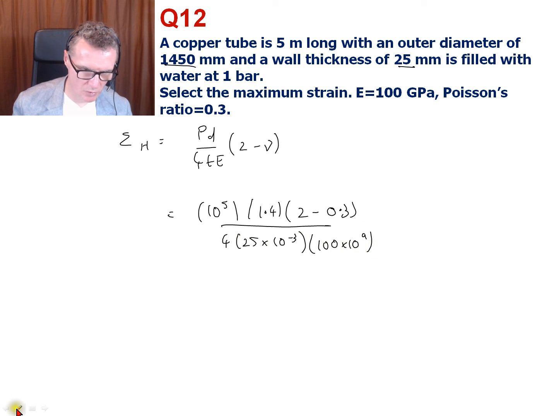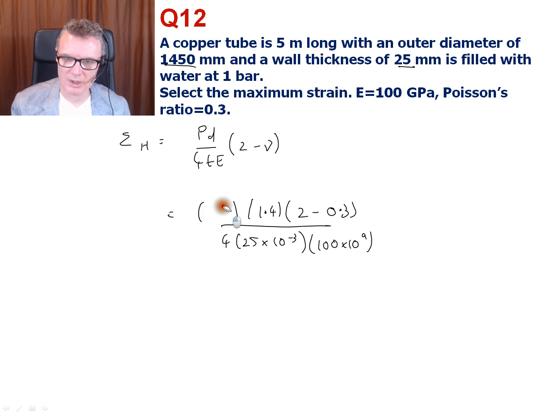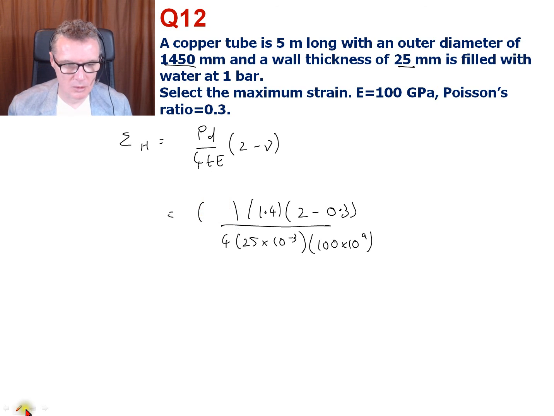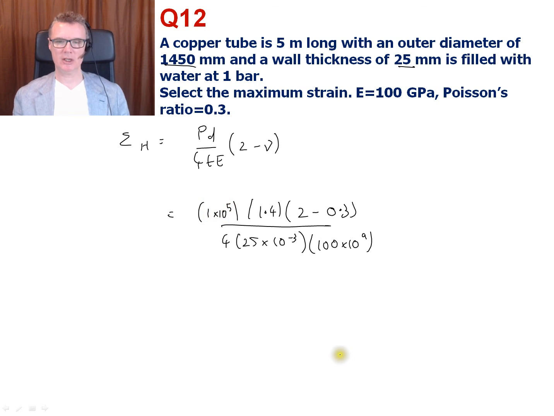Now, to avoid making an error on your calculator, it's good to write this number explicitly, to remind yourself to say 1 times 10 to the 5, because I made a mistake in the solutions.